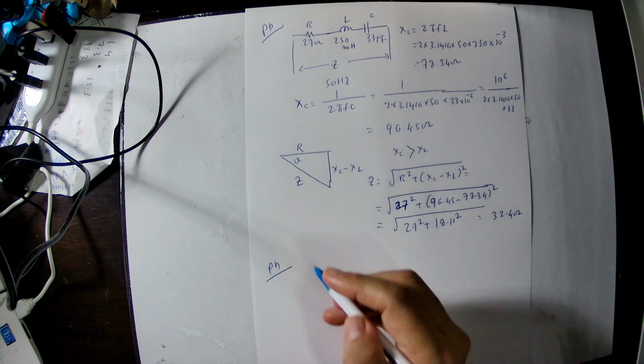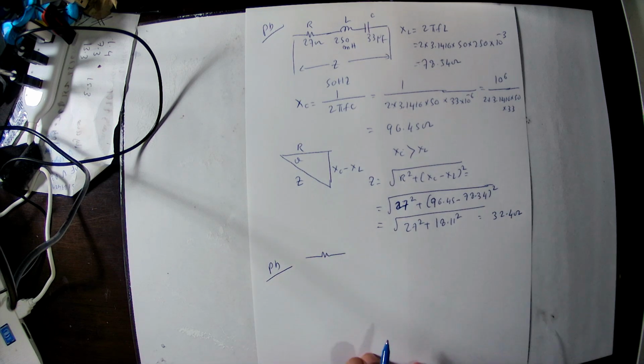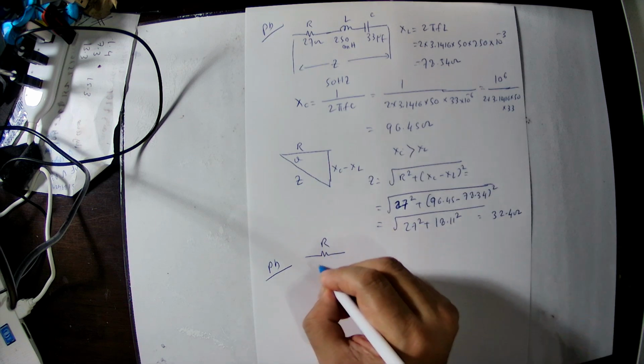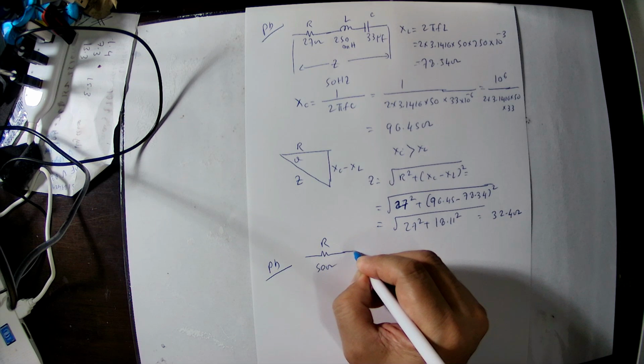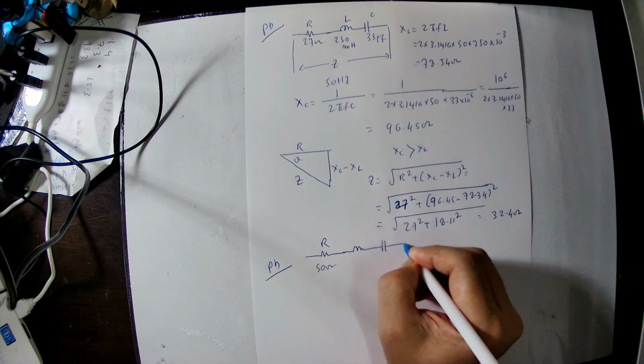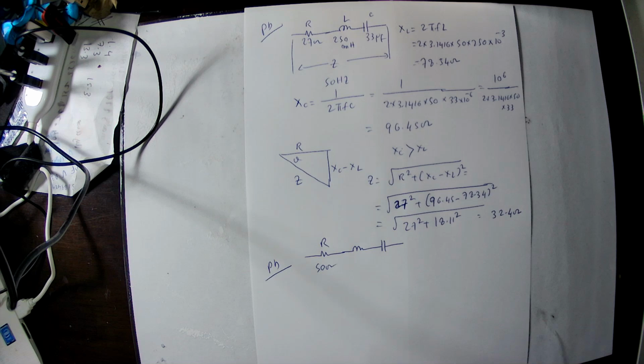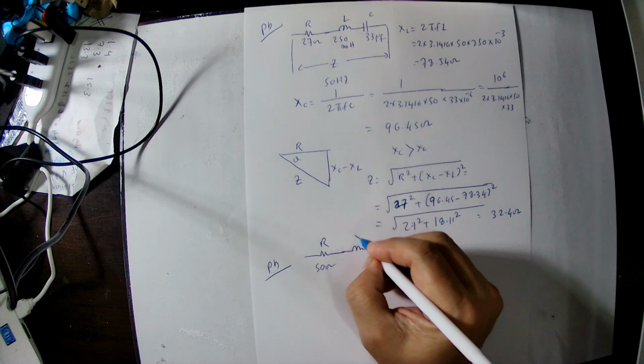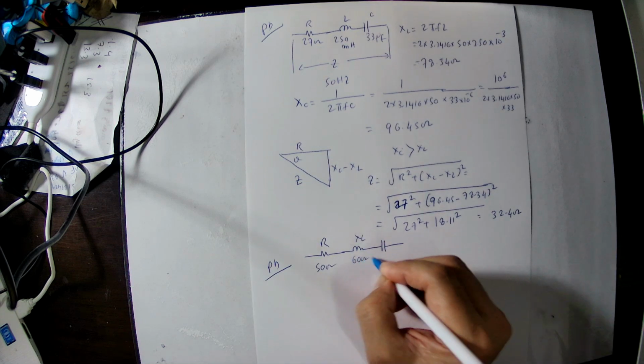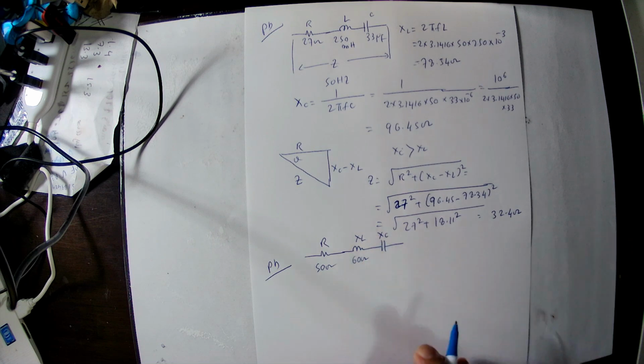In this case, resistor value is given as 50 ohm. Inductive reactance XL is 60 ohm. Capacitive reactance XC is given as 80 ohm.